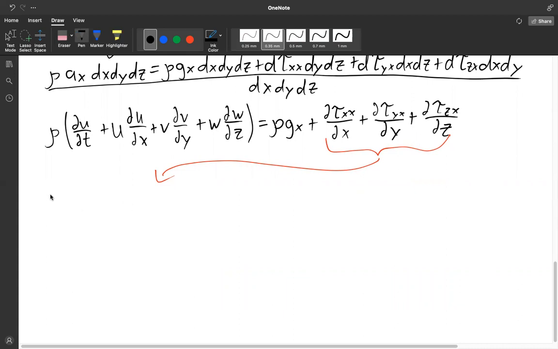We can actually separate the stresses, so tau xx equals sigma xx, which is the nominal stress, minus P, and P is denoted as pressure.